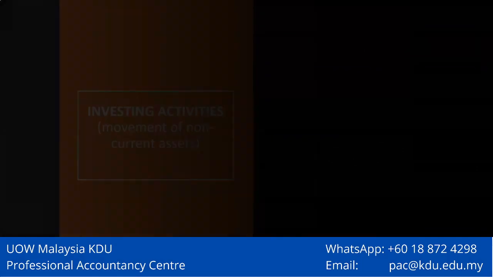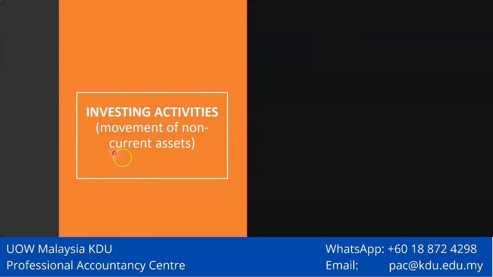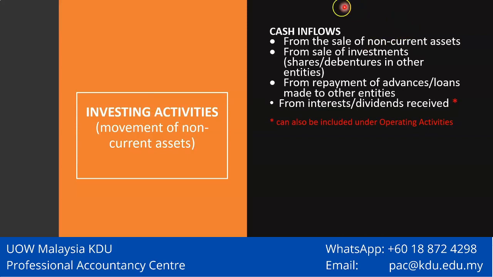In the next slide, we look at investing activities, which is a focus on the changes to our non-current assets. So here, cash inflows come from the sale of non-current assets, the sale of investments.